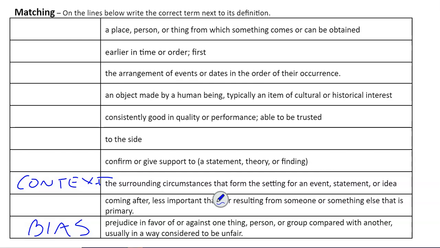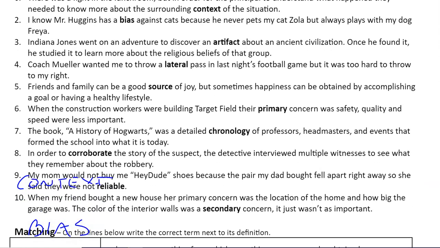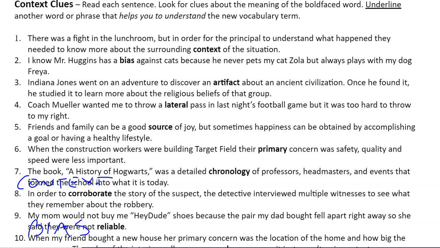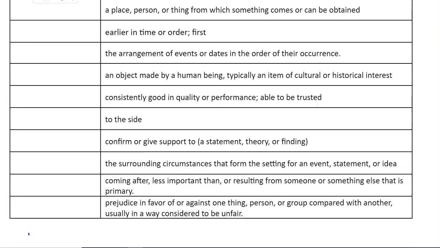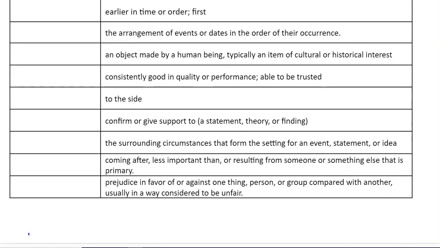Context. It's the surrounding circumstances that form the setting. Let's think back to that sentence: there was a fight in the lunchroom, but in order for the principal to understand what happened, they needed to know more about the surrounding context of that situation.